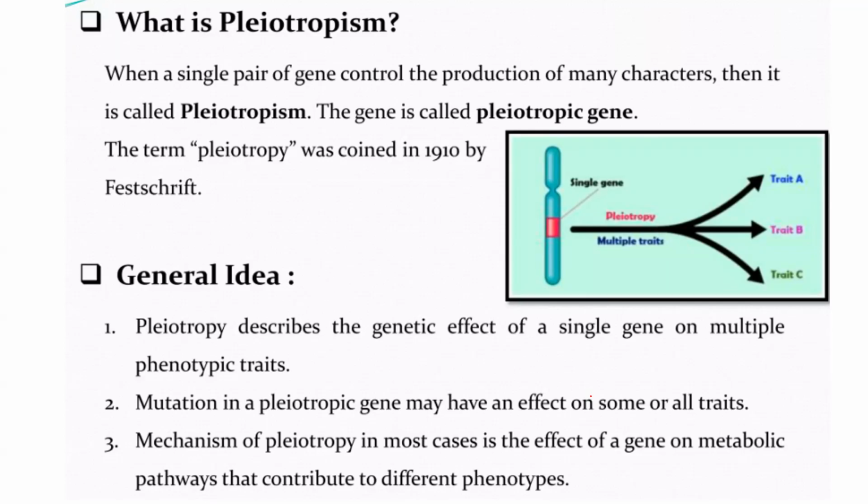And the mechanism of pleiotropy in most cases is the effect of a gene on metabolic pathways that contribute to different phenotypes. It's basically saying that chances are the pleiotropic gene is impacting some enzyme that is used in different processes in the body. And once you affect that enzyme, you're going to affect the way the products are formed, right?